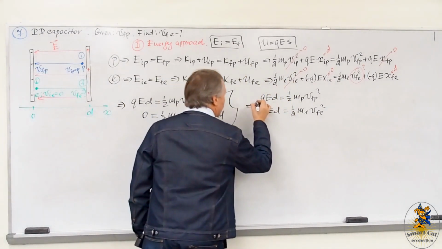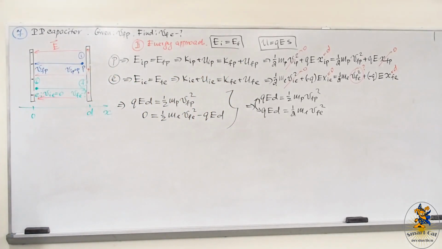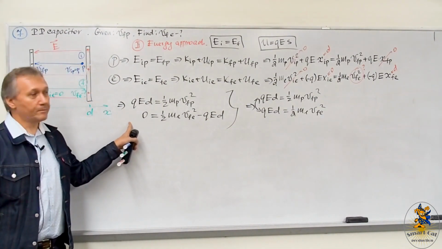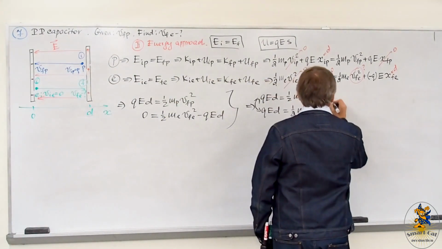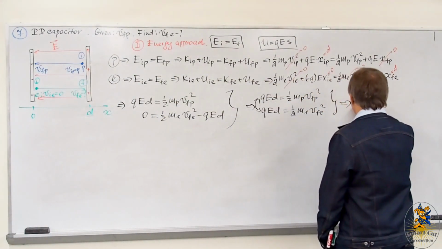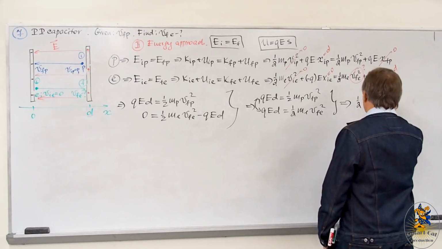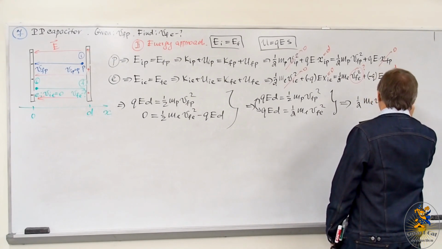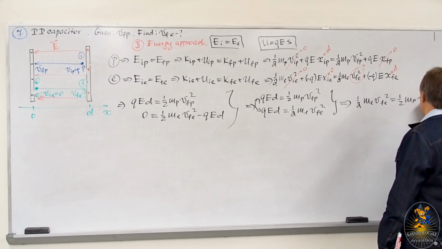The left-hand sides are exactly the same, so the right-hand sides are the same: 1/2 m electron V final electron squared equals 1/2 m proton V final of the proton squared.